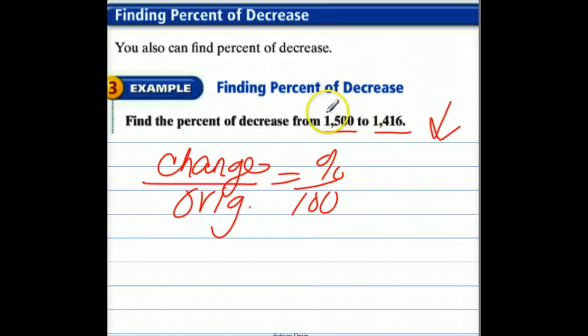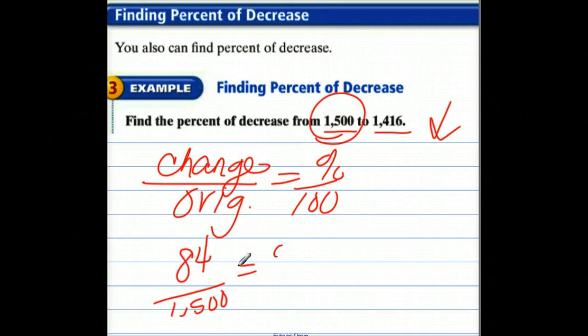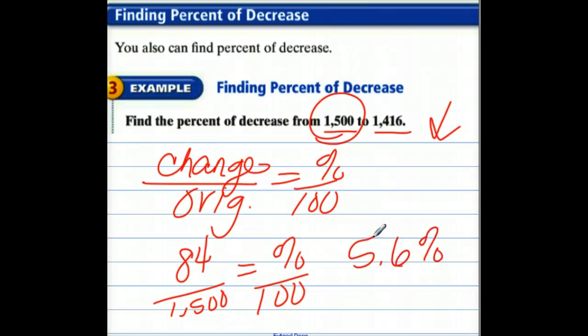The difference between 1,500 and 1,416 is 84 over the original amount, 1,500, equals percent over 100. So I do cross multiplying, 84 times 100, divide by 1,500, and I get 5.6% decrease.